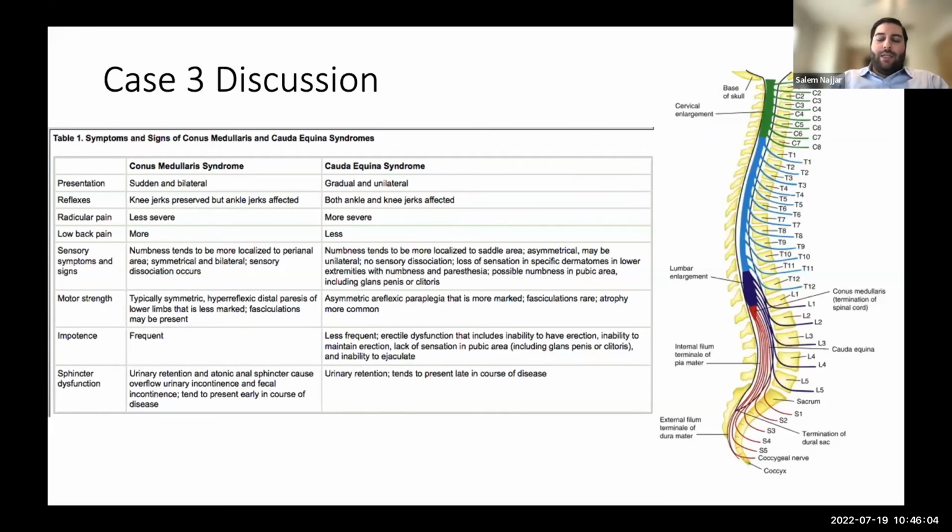And this is because upper motor neurons are more involved with the inhibition of motor function. So if you lose the inhibition, you're going to get this hyperreflexia. If you take a reflex hammer and you hit someone's knee in that area, you'll see their leg kick up way higher than it should. And you'll also see like a spasticity. And this is because you lost the inhibition that upper motor neurons provide.